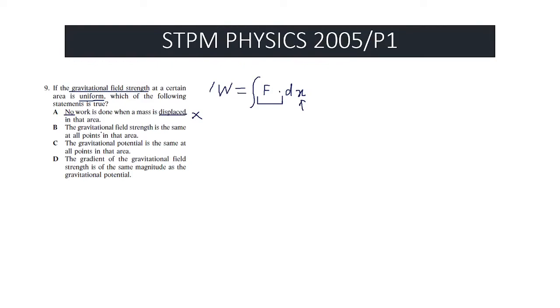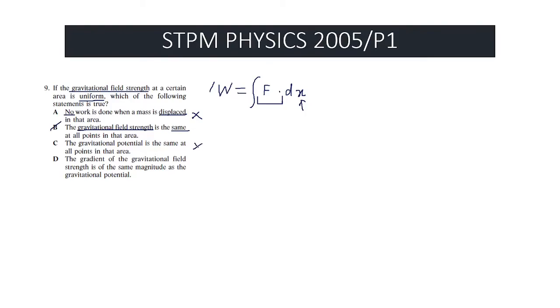The B, the gravitational field strength is the same at all points in that area. B is the correct answer because the gravitational field strength from the question is that the area is uniform. That means it will be the same at all points in a given area. And the C, the gravitational potential is the same at all points in the area.